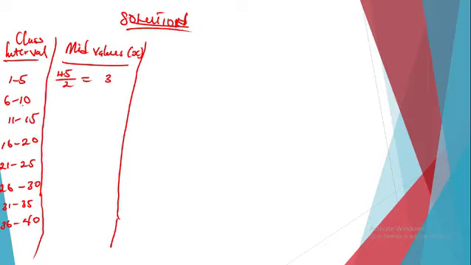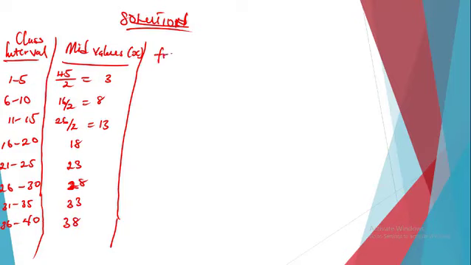For this you have 6 plus 10, which is 16. 16 divided by 2 will give us 8. 11 plus 15 will give us 26. 26 divided by 2 will give us 13. You understand? So for this you have 18. For this you have 23. This will give us 28, and this will give us 33, while this will give us 38.